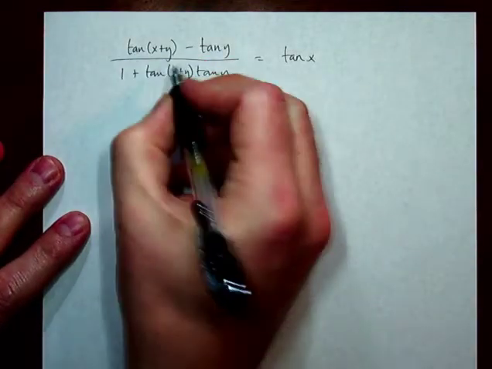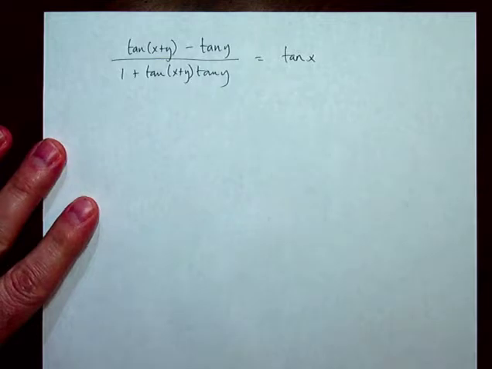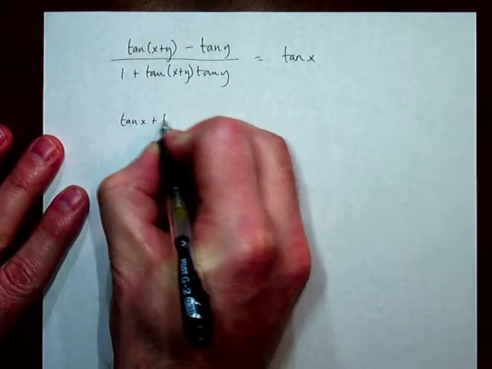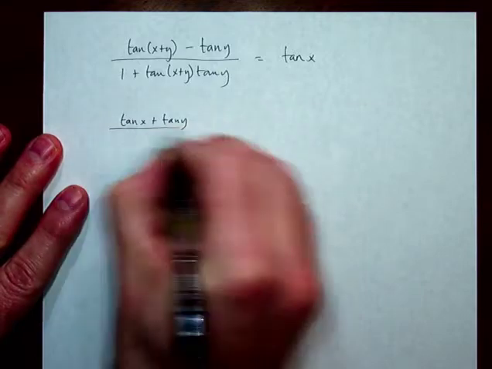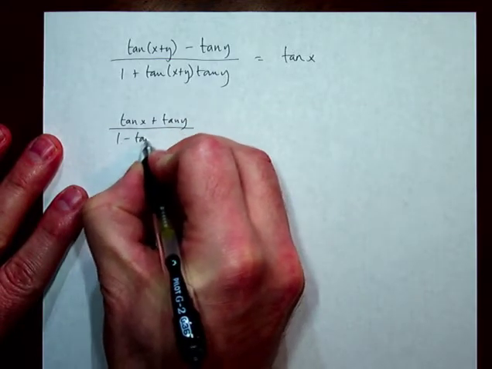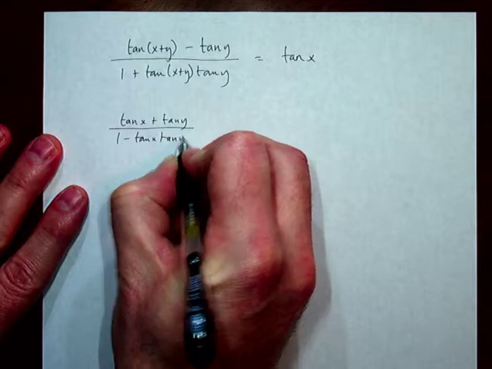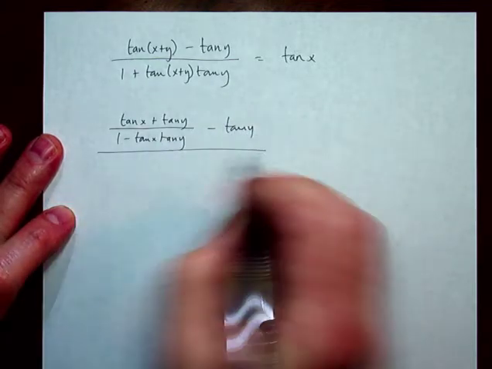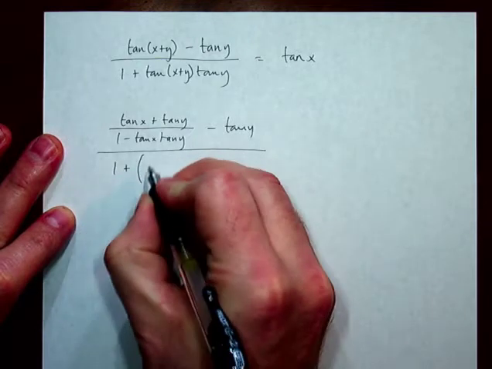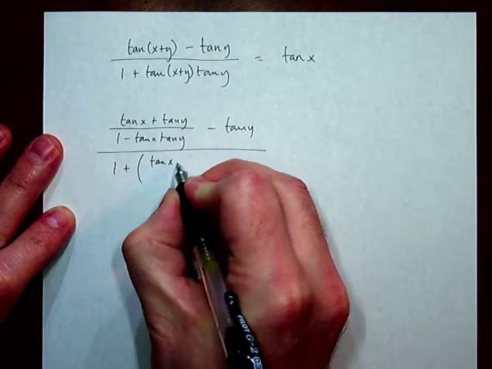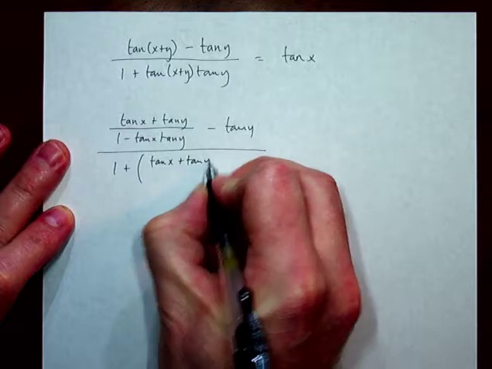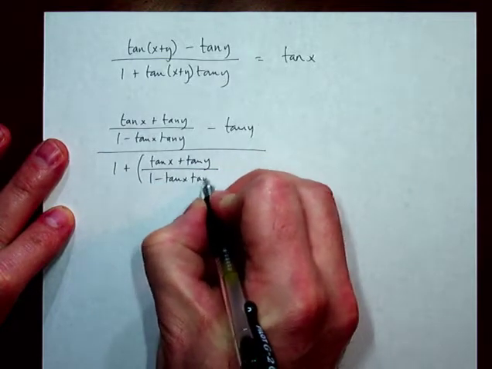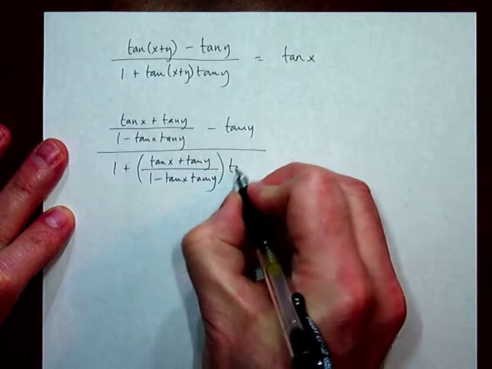Now I can use the sum formula for both of those tangents, and I'm going to get tangent x plus tangent y over 1 minus tangent x tangent y, minus tangent y, all of that over 1 plus, okay, we'll go ahead and put this in parentheses, tangent x plus tangent y over 1 minus tangent x tangent y, times tangent y.